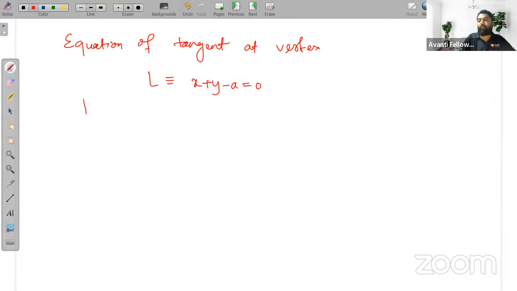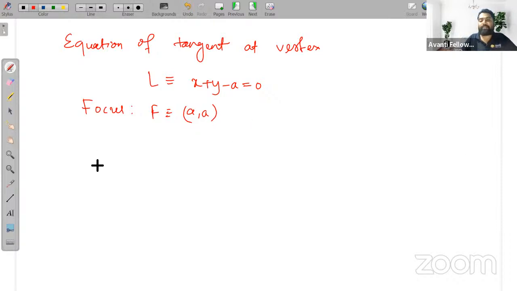And the focus of the parabola is given as F, whose coordinates are (a, a). Then, if I ask you to find the perpendicular distance from the focus to the line L.